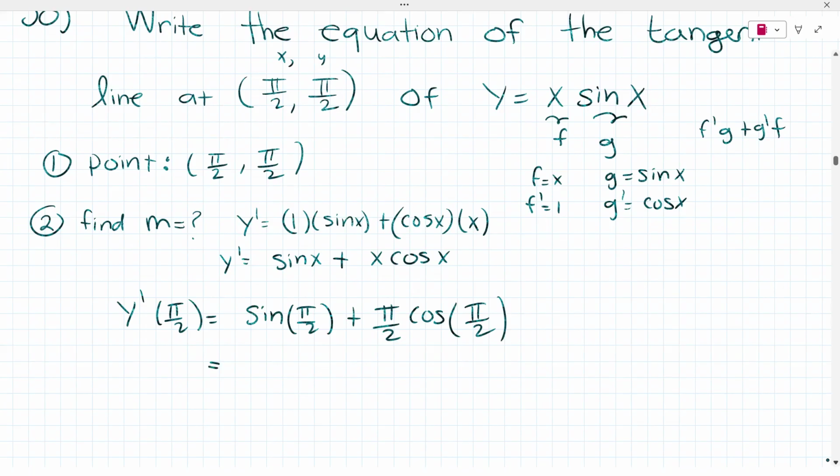Pi over 2 is 90 degrees, which has an x coordinate of 0 and a y coordinate of 1. The sine is the y coordinate, so that would be 1. Plus pi over 2 times cosine of pi over 2. The cosine, or the x coordinate, is 0. So 0 times pi over 2 plus 1 is 1. So your slope is m equals 1.